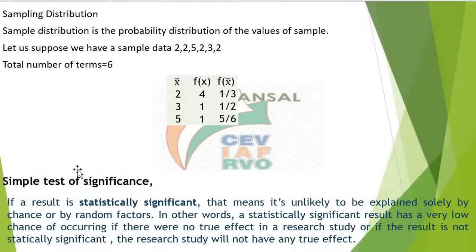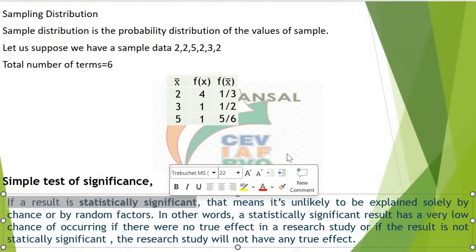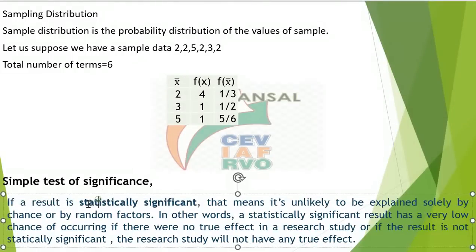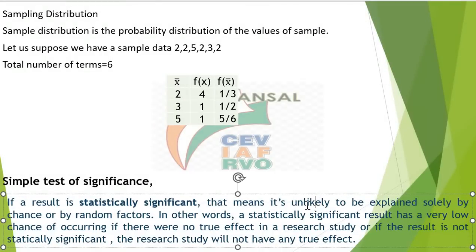And then the last topic in your syllabus is test of significance. If you are doing some research, you have to check that your result is statistically significant. It means it is unlikely to be explained solely by chance or by random factors.